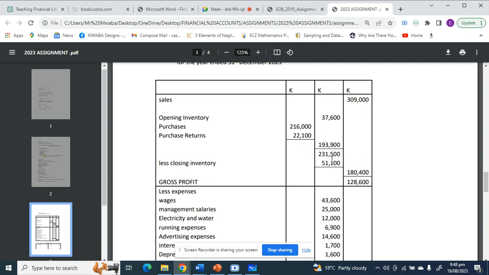Should have put also a bracket here to show we're subtracting. So 231,500 minus 51,100. Our cost of goods sold is 180,400. That is the cost of goods sold. Other books see it as cost of sales. The book COGS, same thing.